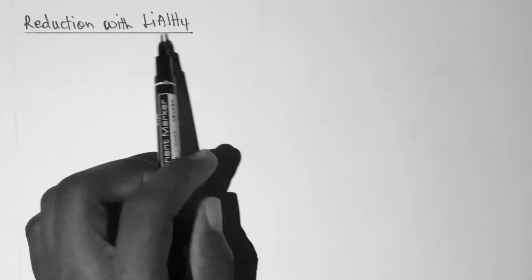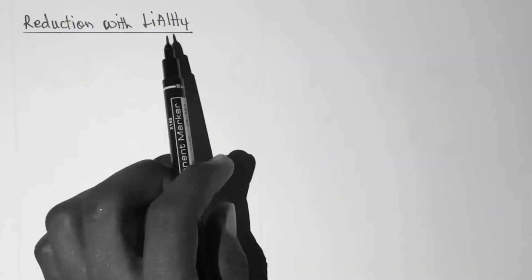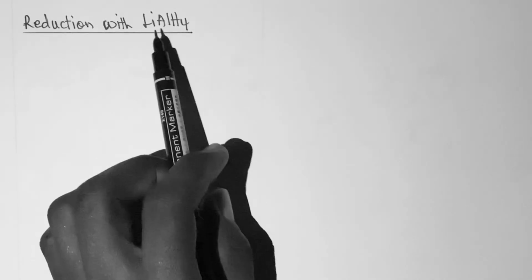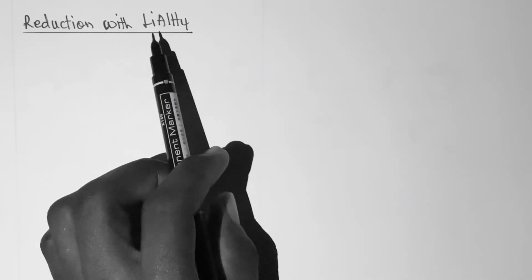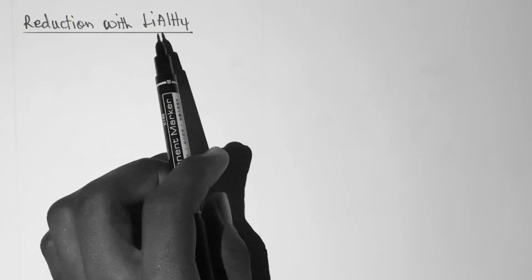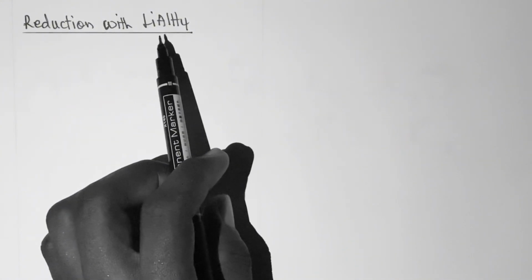The next reaction we are going to talk about is reduction of an aldehyde or ketone with lithium aluminium hydride. Now the difference between lithium aluminium hydride and sodium borohydride is that lithium aluminium hydride is stronger than sodium borohydride. So lithium aluminium hydride will reduce both esters and carboxylic acids, but sodium borohydride will only reduce aldehydes and ketones and not esters and carboxylic acids.